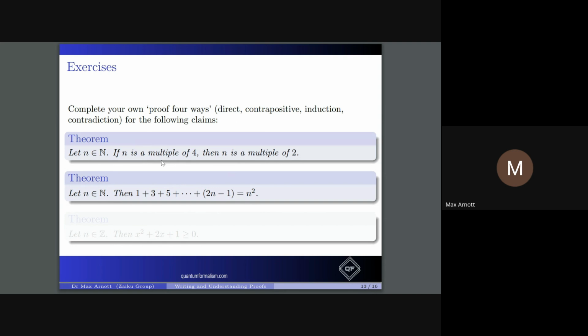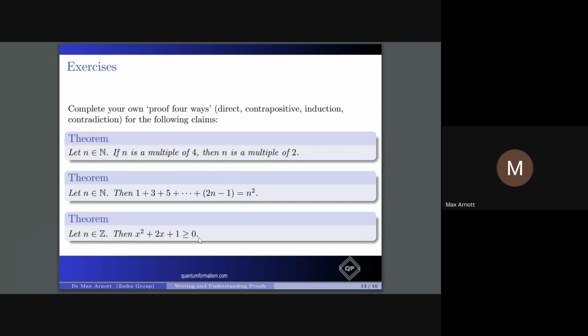The point of the exercise is that it's really easy, and the point of doing it 4 ways is to highlight the difference between these 4 methods of doing this. And lastly, if n is an integer, not necessarily a natural number, it doesn't have to be positive, then n squared plus 2n plus 1 is positive.